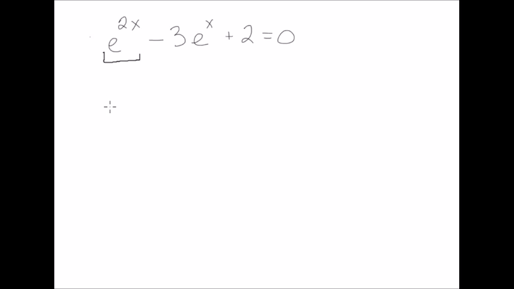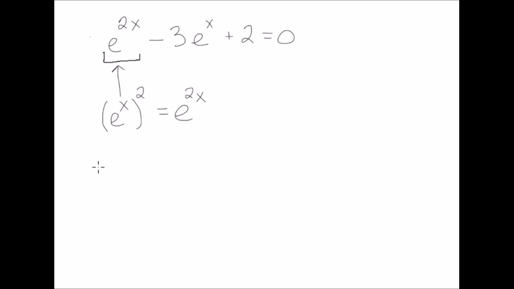Probably the easiest and most straightforward way is to realize that from our old rules for exponents, we know that e to the x squared is equal to e to the 2x. So we can substitute e to the x squared into this equation for e to the 2x.